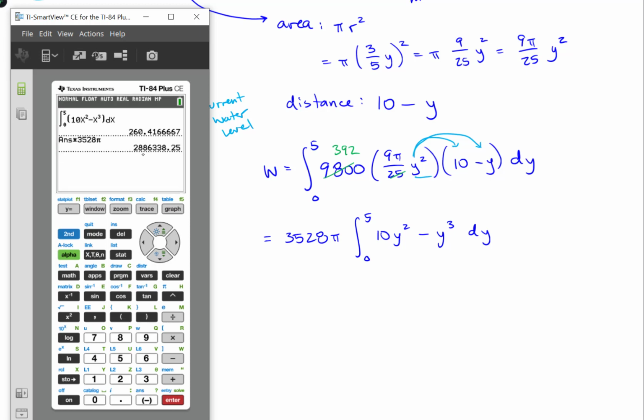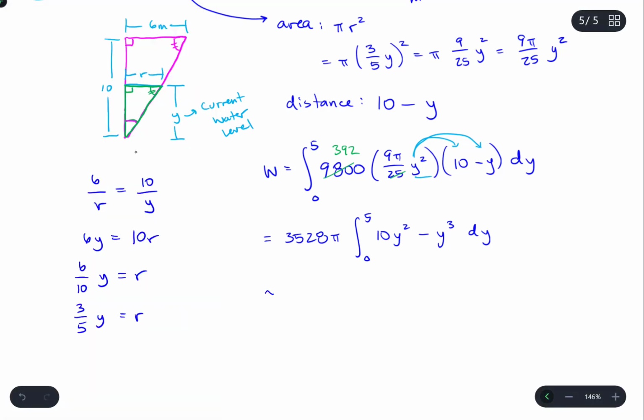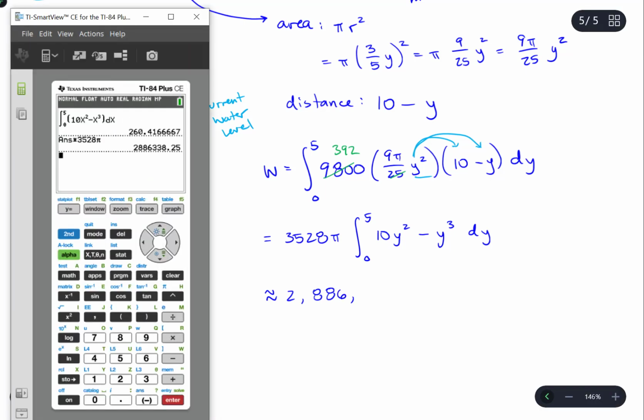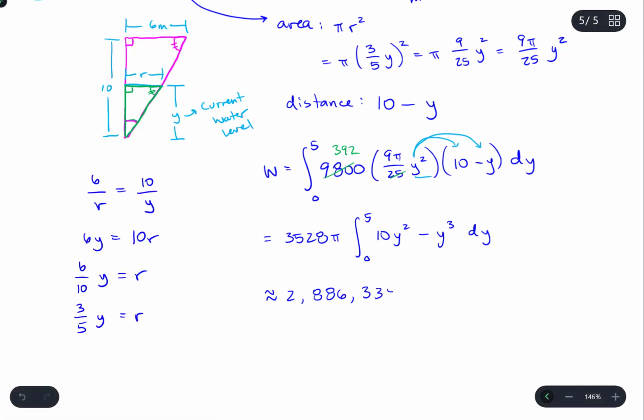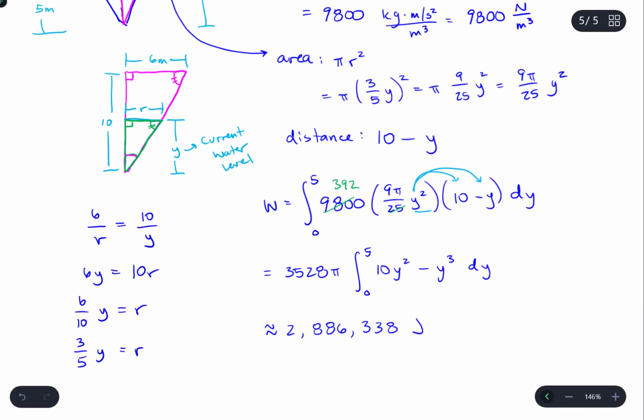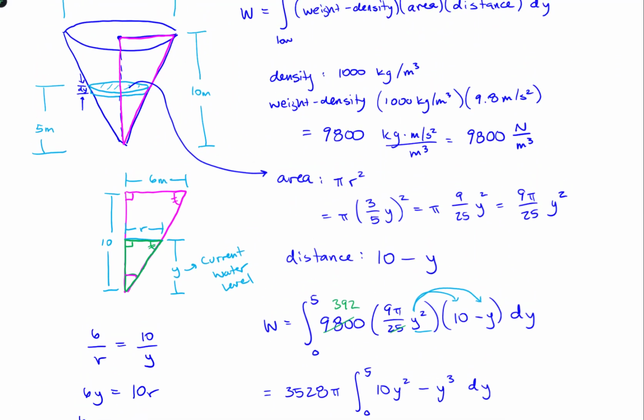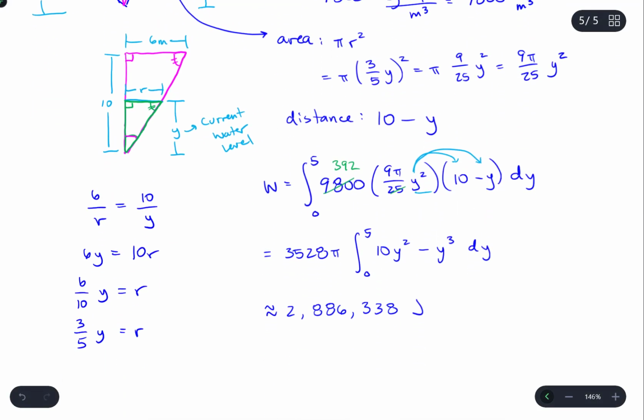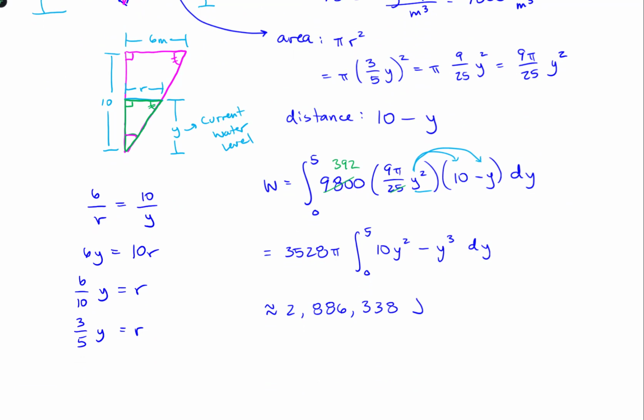So it looks like we get 2,886,338 Newton meters, because we're taking the Newton, which was the volume of each slab, through a distance, so Newton meters, which is joules. And there we have it.